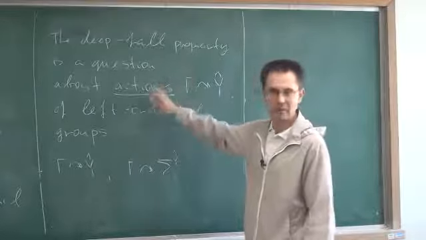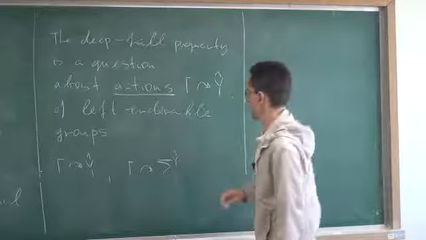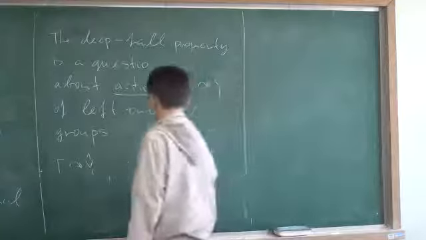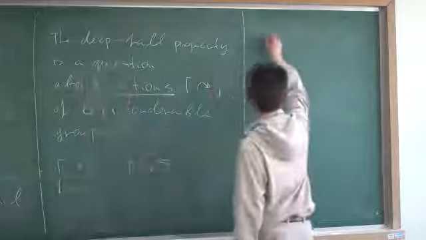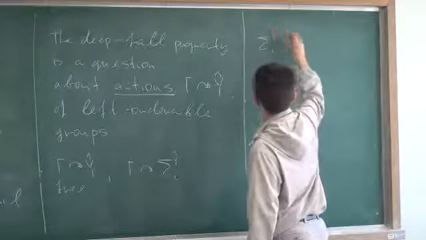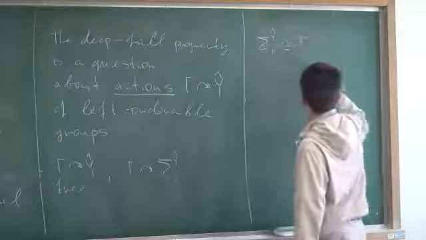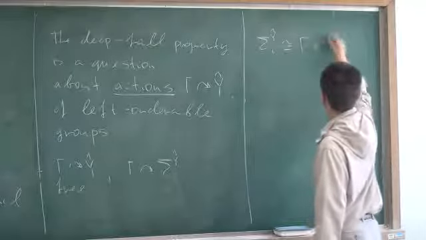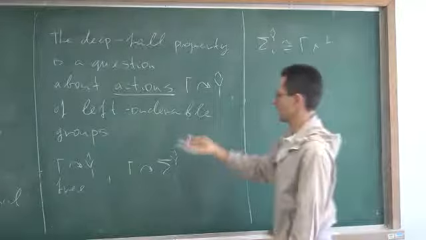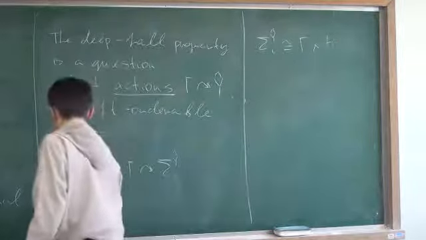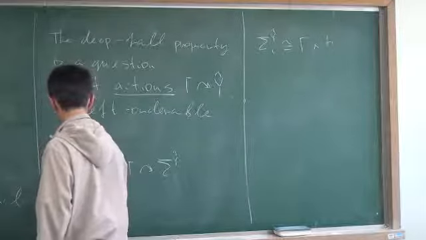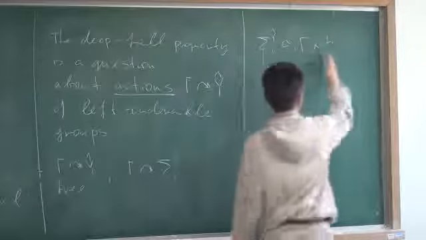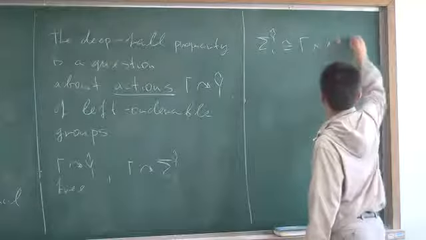It's an interesting question in general, but let's stick with free actions. So if the action is free, then I-dimensional cells can be identified with gamma across some finite set. And co-compact. Yeah, I guess I don't really need to assume co-compact or anything, just any set. So some set, a set.